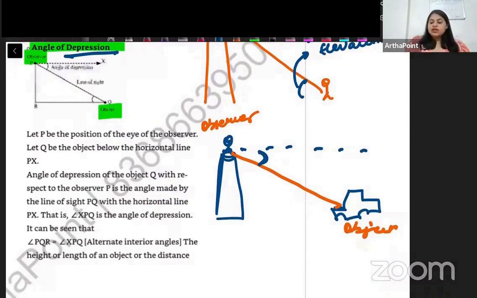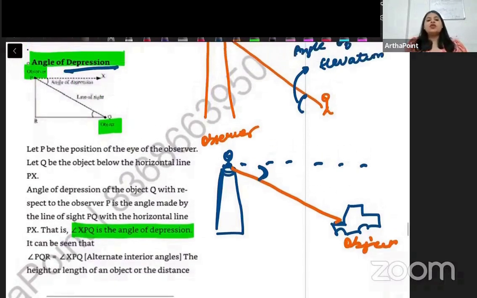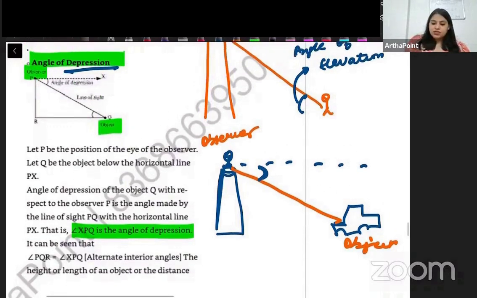Now, the angle of depression thus formed is XPQ. This is the angle of depression formed. Now, what does it say? It says that angle PQR, this one, is equal to angle XPQ, this one.